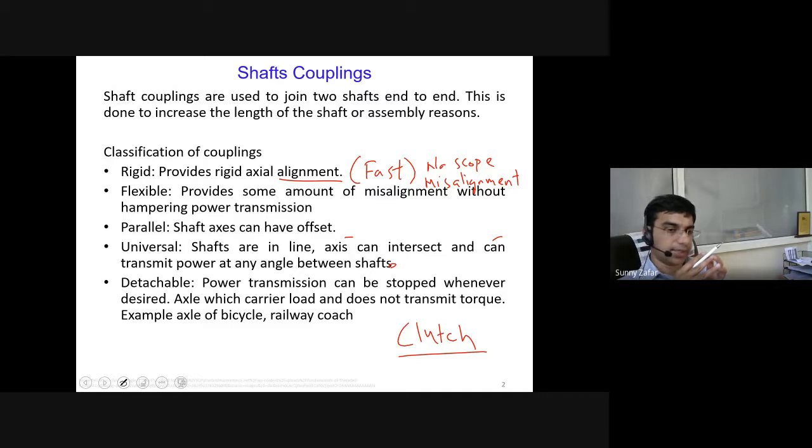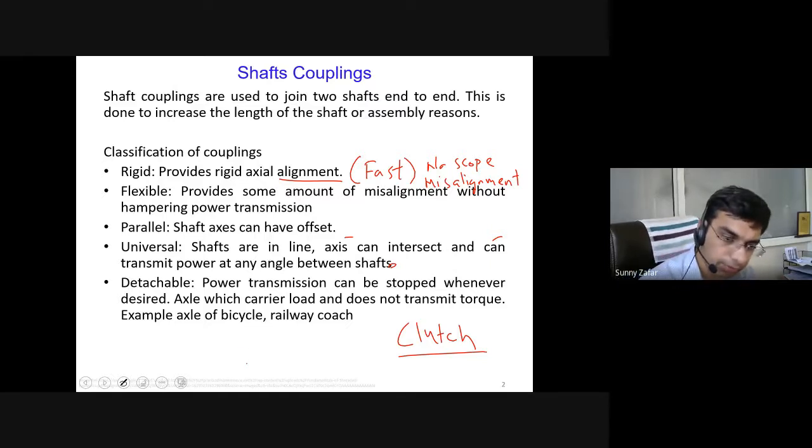Also there is the axle of the bicycle, and in certain trucks which carry very heavy load, often there is a third wheel. Generally they have two wheels which are powered using a differential, but they also have a third, I'll just draw it for more clarity. You might have seen in certain cases that this wheel is slightly lifted above the ground.